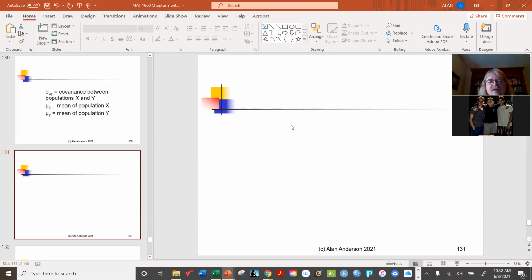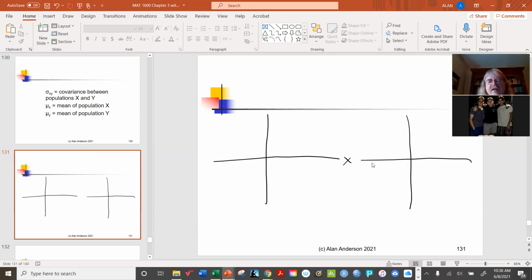We could have a scatter plot. Now, remember, this is a negative value. The points are moving down towards the right. In other words, they tend to stay in the second and fourth quadrants. And so let's draw the trend line here.